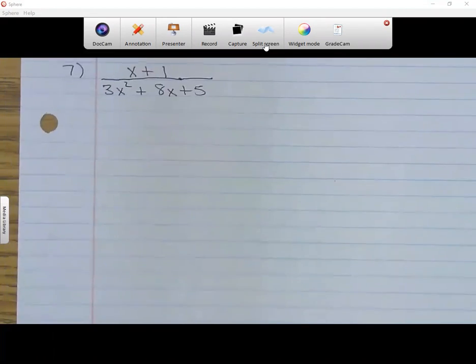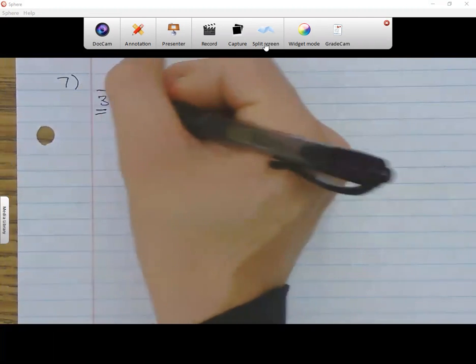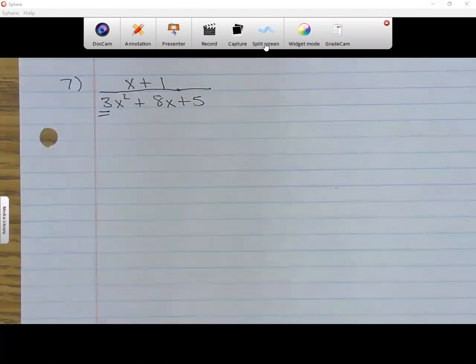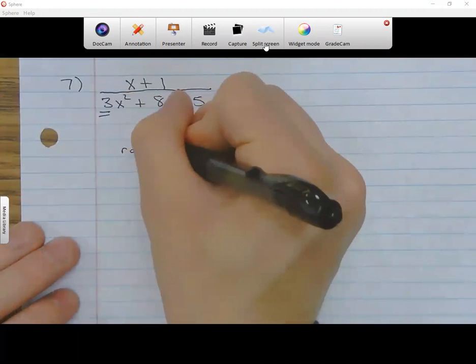We have x plus 1 at the top. We got 3x squared plus 8x plus 5 at the bottom. Because there's a 3 out in front right here, we can't just multiply to 5 and add up to 8. That wouldn't even really work anyways. We're going to have to use what's called the rainbow method. So this one is rainbow.